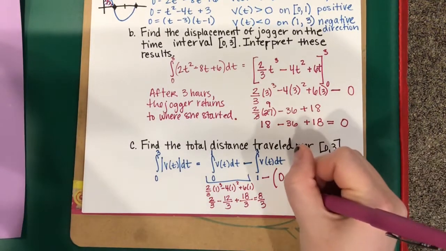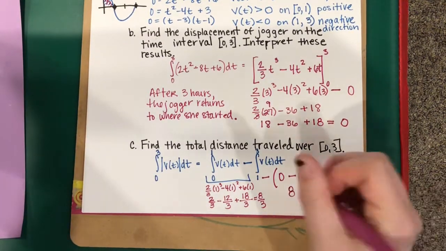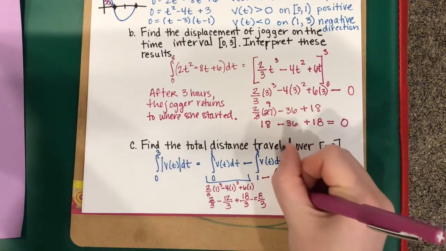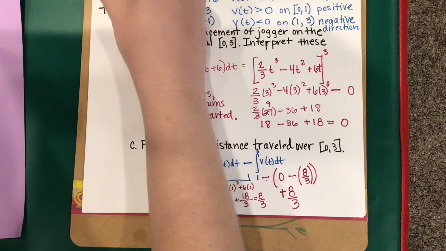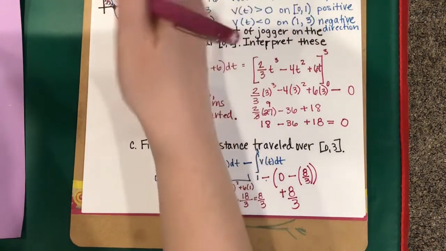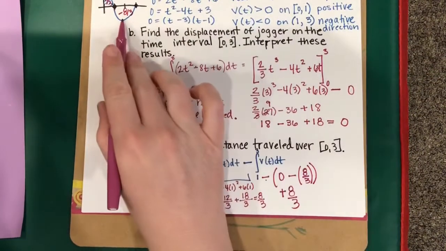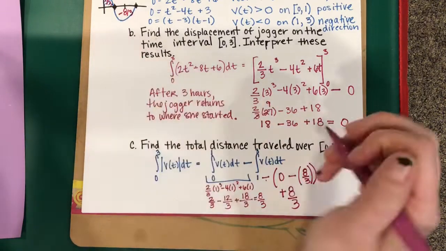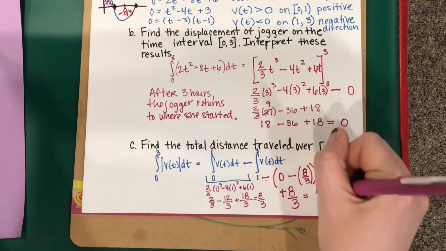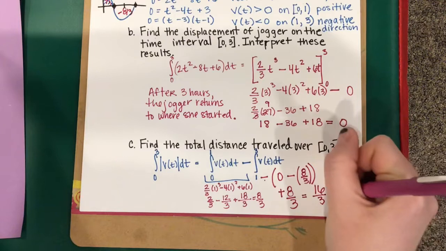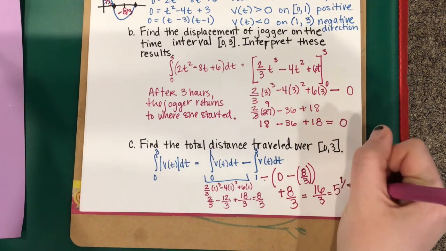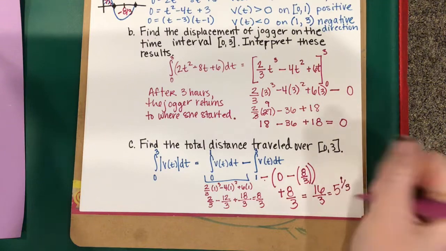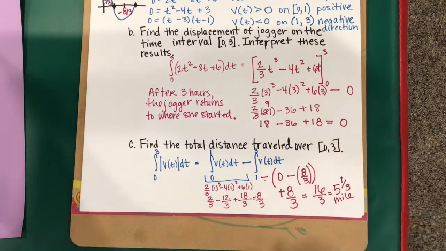So we ultimately end up with a positive 8/3 because I'm subtracting a negative. And so even if I know that that was a negative 8/3 there, I'm looking for the total distance. So I would take the absolute value of that, and we are left with 16/3. So she traveled 5 1/3 miles.